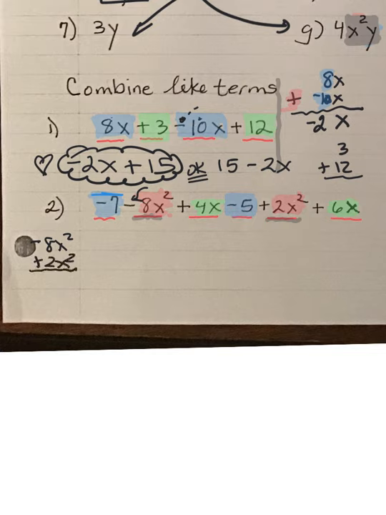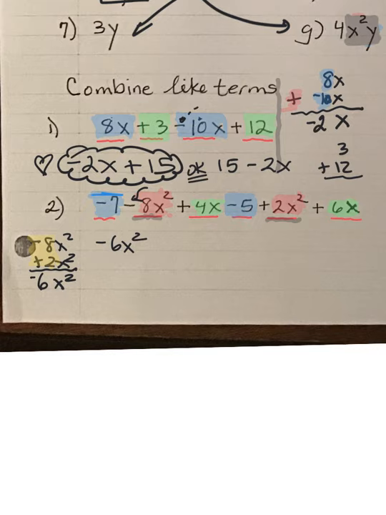So how many x squareds do we have if we have a negative 8 and a positive 2? That's where your adding integer skills come into play, right? So we have 8 negatives and 2 positives. Don't we have more negatives than positives? 6 more negatives than positives, so doesn't that give us negative 6x squared? And if you can add those in your head, that's fantastic.